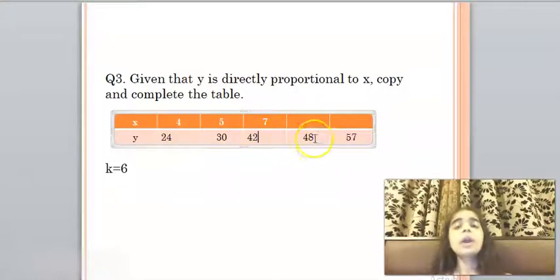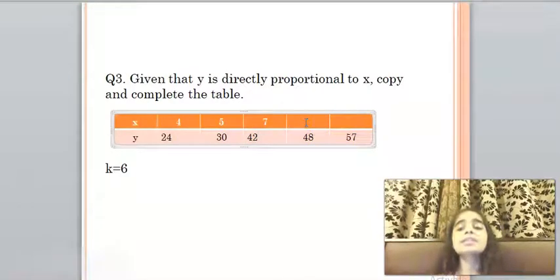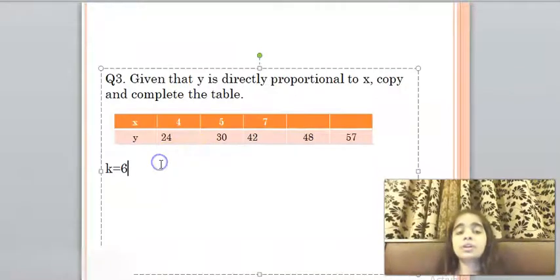Now here my y value is given to me, but my x value is missing. The formula will be the same, y equals kx. But this time I need to find x. So I need to keep x alone. So the formula is y equals kx, and then y upon k will give me my x.